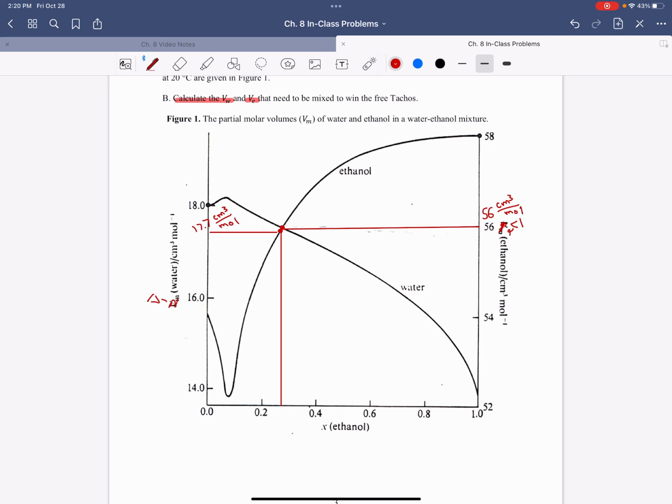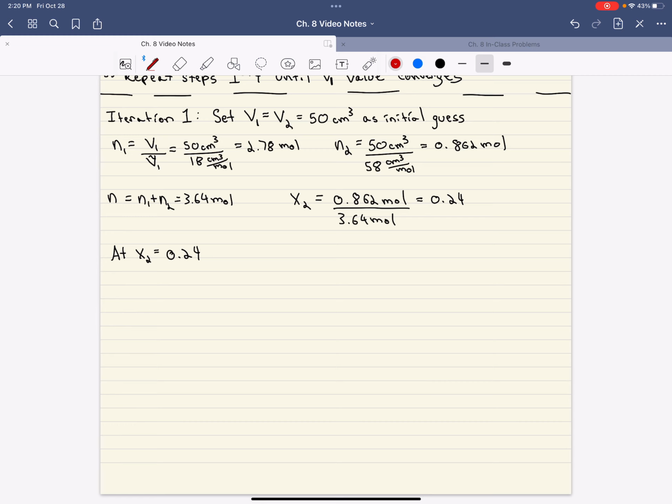Okay, so we can now write those values down in our work. So at x2 is equal to 0.24, our V1 bar is 17.7 centimeters cubed per mole. And V2 bar is equal to 56 centimeters cubed per mole. All right. Now that we have those V1 and V2 bar values, we can now calculate a new V1 and V2 using the equation we had previously.